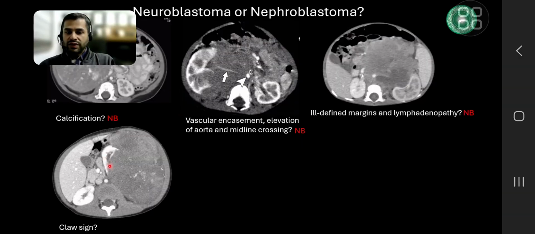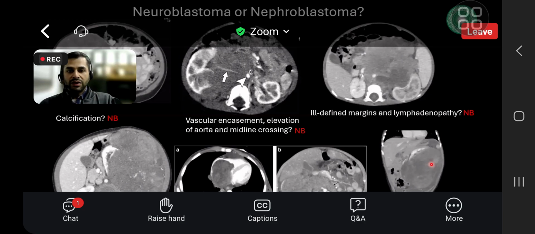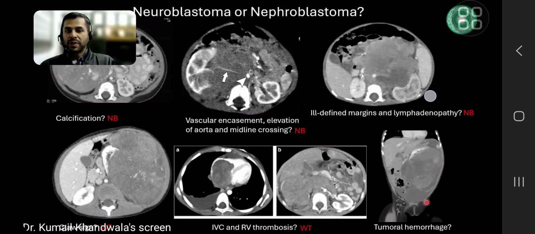When there is renal vein or IVC or atrial thrombosis, again, that favors a Wilms tumor. And if there is a tumor rupture or hemorrhage within the tumor, that also favors a Wilms tumor. Another differentiating factor is that neuroblastoma has a propensity for skeletal metastasis and nephroblastoma has a propensity for pulmonary metastasis.